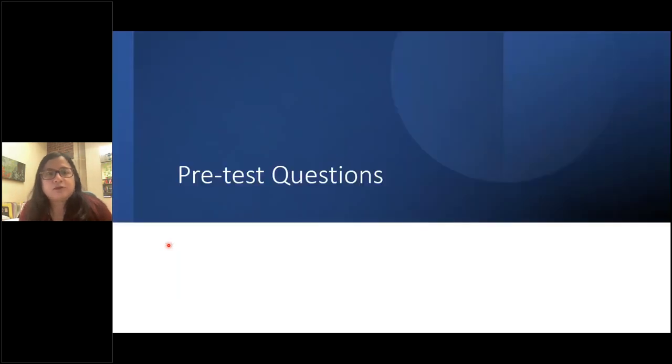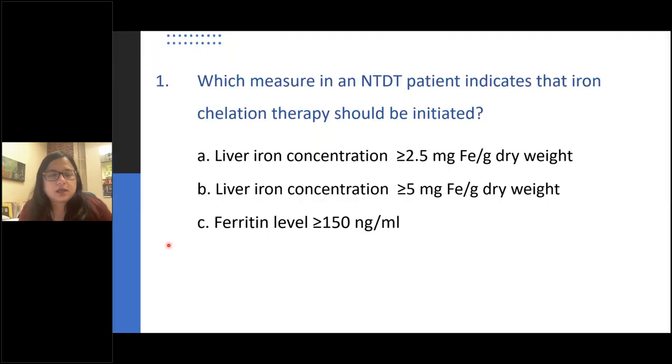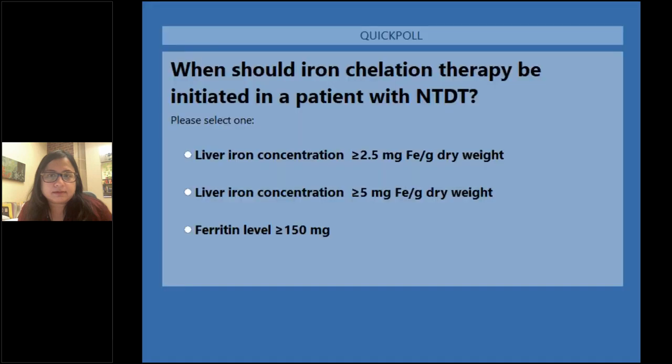So we'll start off with a few pre-test questions. The first pre-test question is now on your screen. Which measure in an NTDT patient indicates that iron chelation therapy should be initiated? Please select your response.